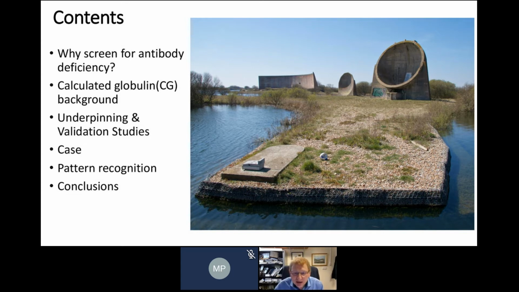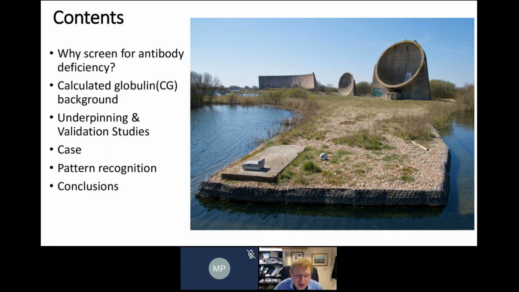I don't know if you'd recognize what's in this picture, but it struck me that what we're trying to do with calculated globulins is kind of look into the distance to see if we can pick these cases of antibody deficiency up early. The picture on the screen is actually from the 1920s and 30s, and these are acoustic parabolic mirrors.